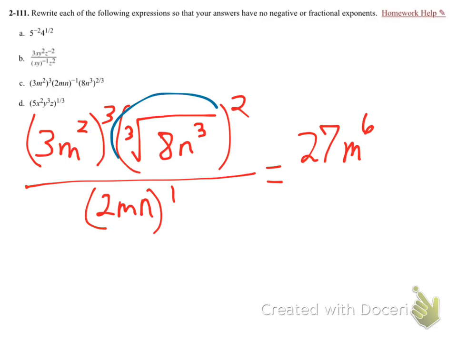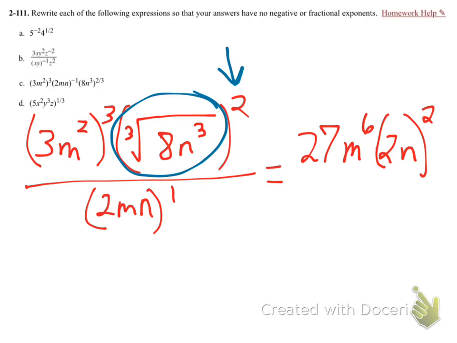For this section right here, I'm taking the third root of 8, which is 2, and the third root of n cubed, which is n. Both of those are still being squared. My denominator is now 2mn.